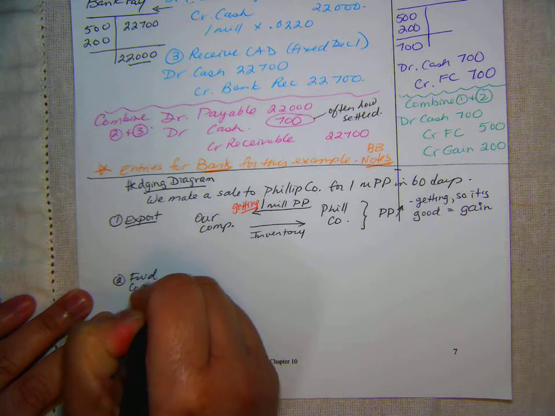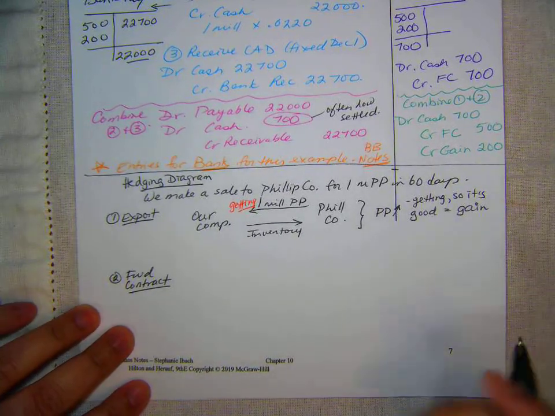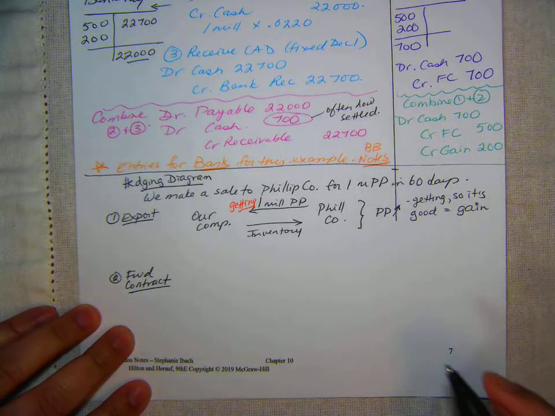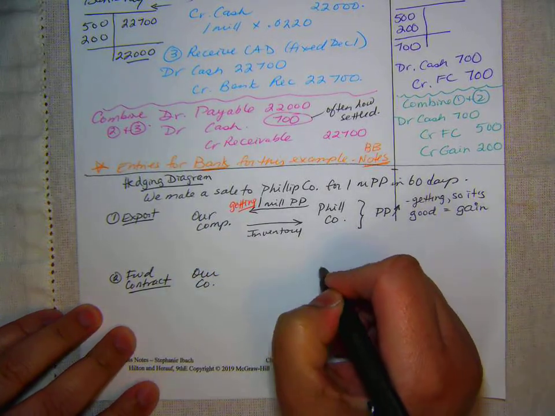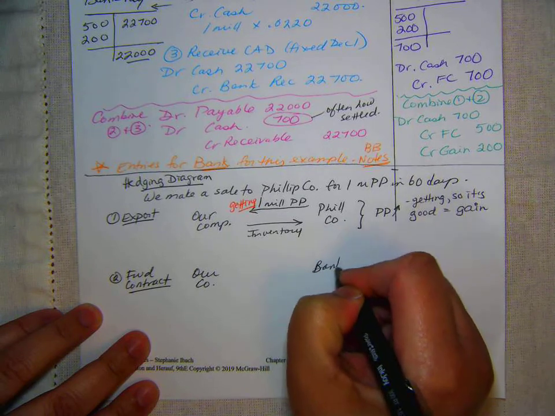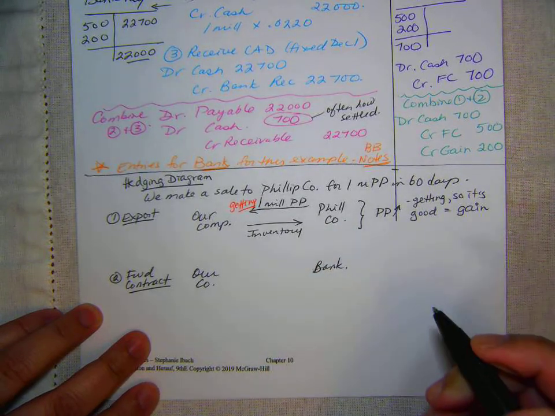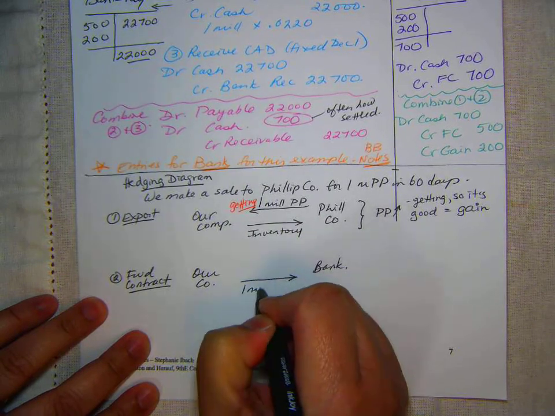So our company and a bank or foreign exchange or whatever is going to give 1 million Filipino pesos, and we're going to get Canadian dollars in 60 days.